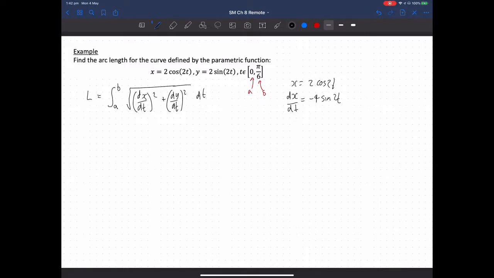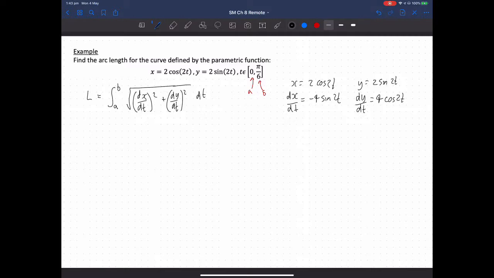So we now have dx/dt for the formula. We can find dy/dt similarly. y is equal to 2 sin 2t, so dy/dt will be 4 cos 2t.